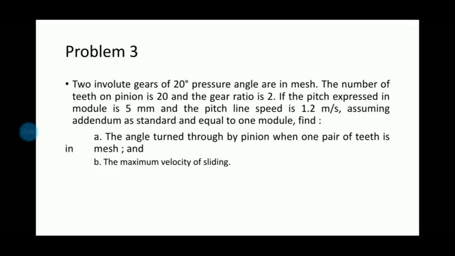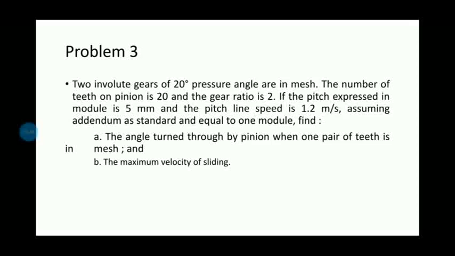Okay, I am not writing it here. Just note down: angle turned by pinion equal to arc of contact divided by R into 360 by 2 pi. So you can combine 2 pi and R in the denominator. That means 2 pi R. What is 2 pi R? Circumference of pinion. So you can also write it as arc of contact into 360 degrees divided by circumference of pinion.